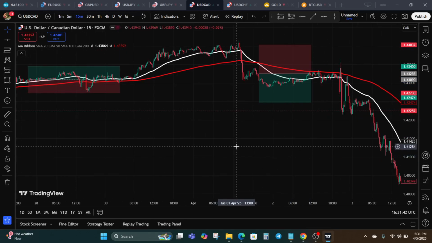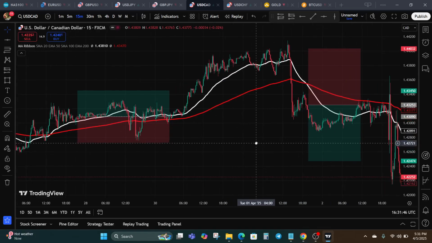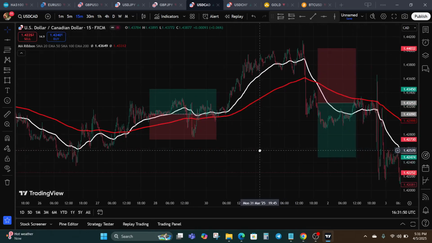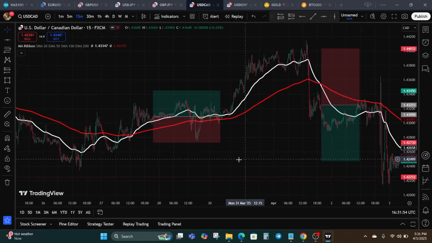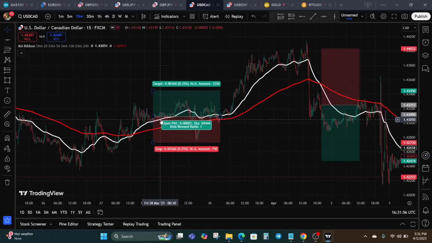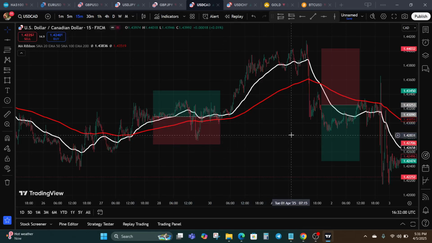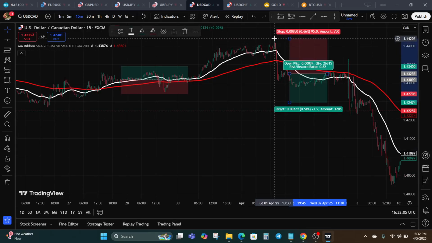Now, let us talk about exiting your trades. The exit point is just as important as your entry. To manage risk effectively, set a stop loss just below the recent swing low for a buy trade, or above the recent swing high for a sell trade.